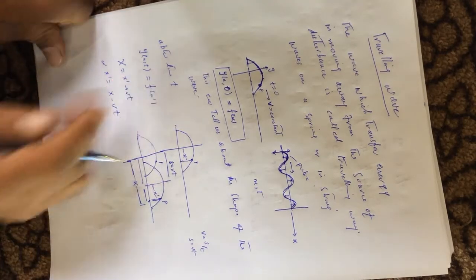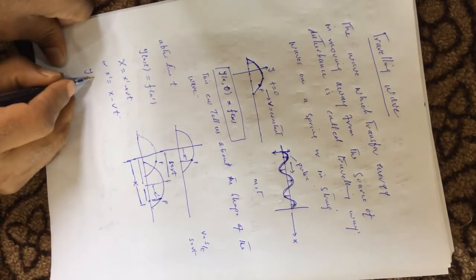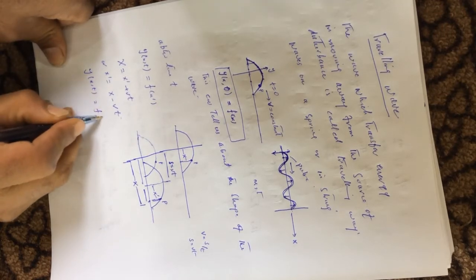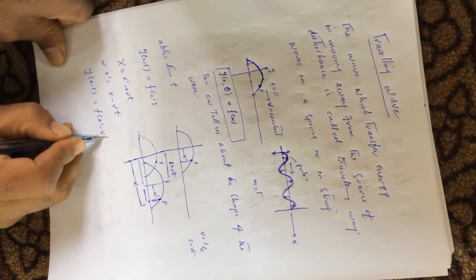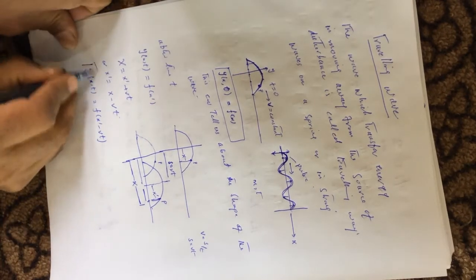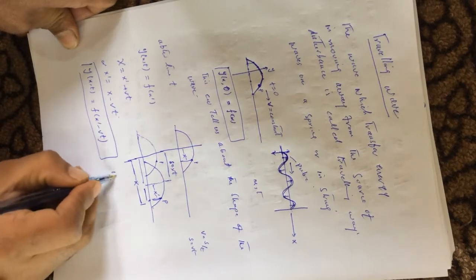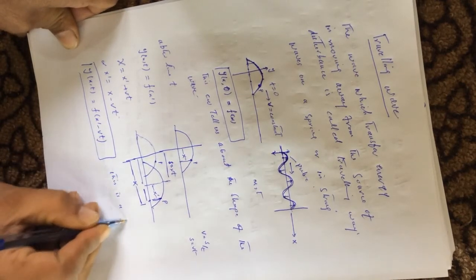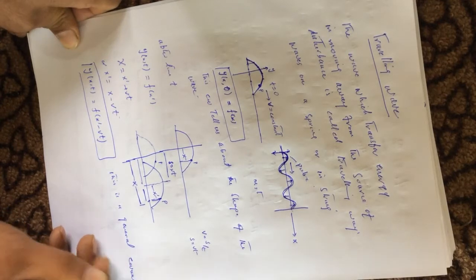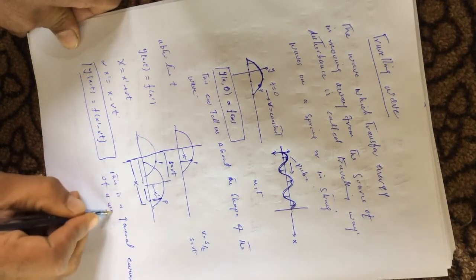So if we put it in the above equation, then we have y as a function of x and t equal to f of x prime, which is f of x minus vt. This is a general equation of a pulse, a wave.